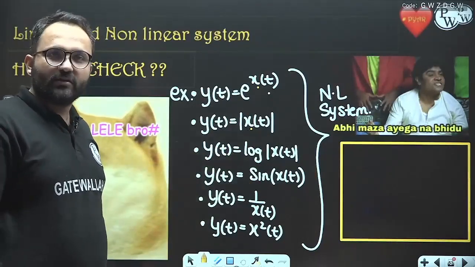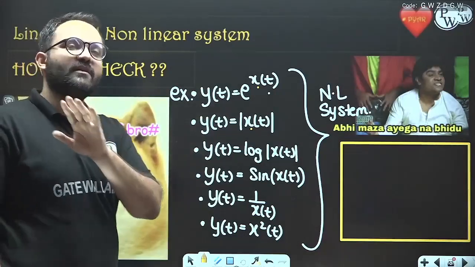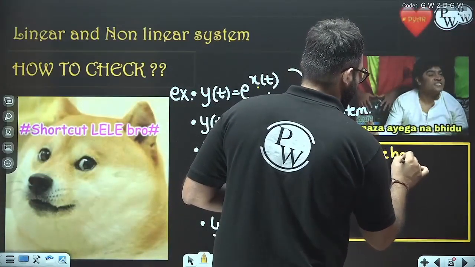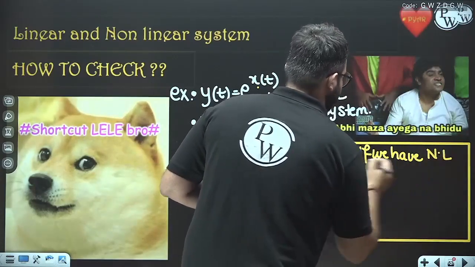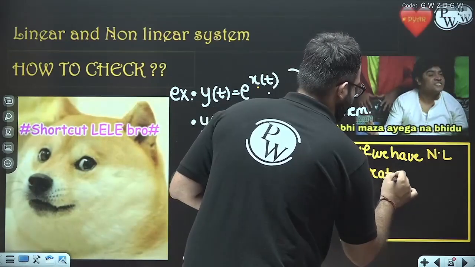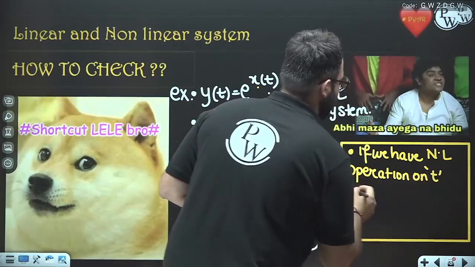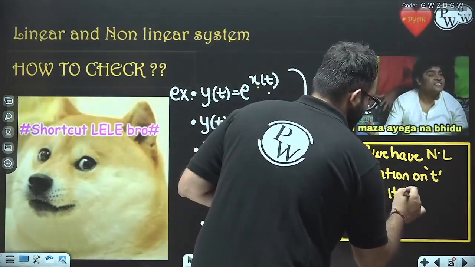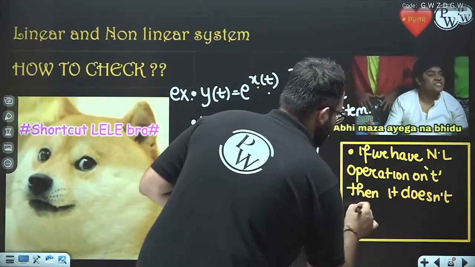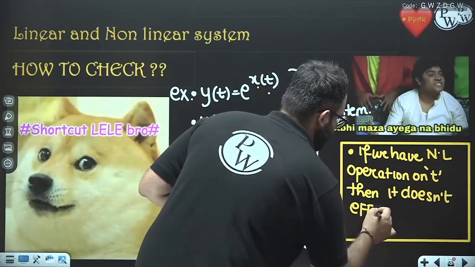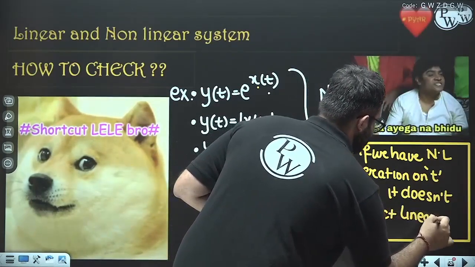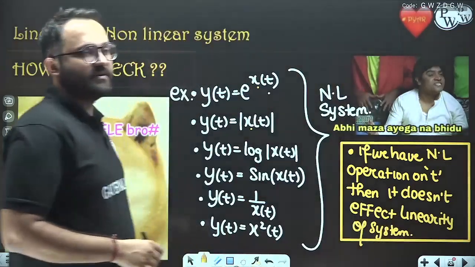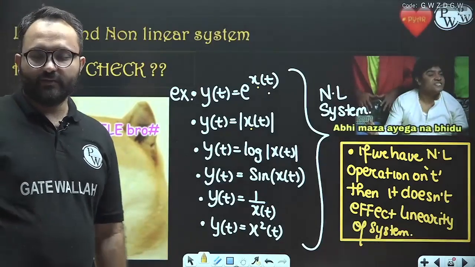But if we have a non-linear operation on the variable t inside the bracket, then it does not affect the linearity of the system. Let's see an example.